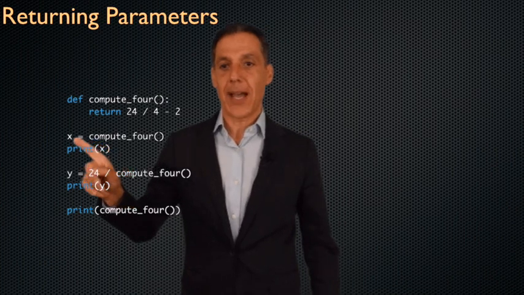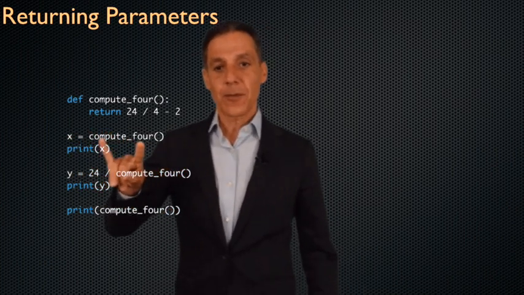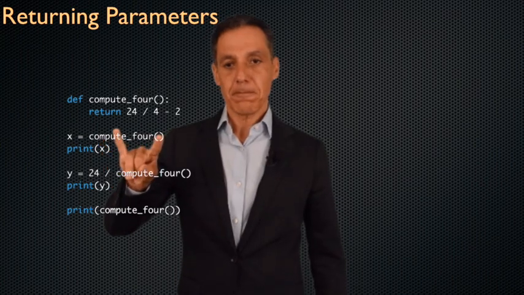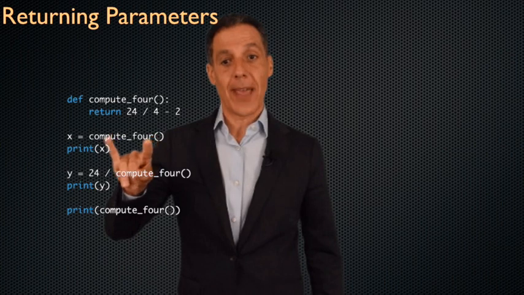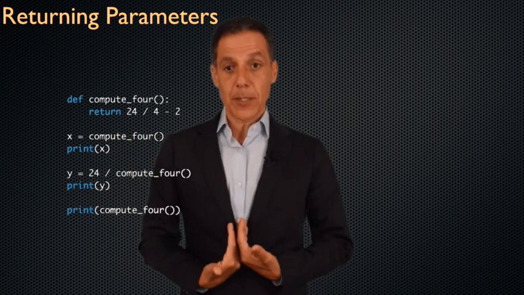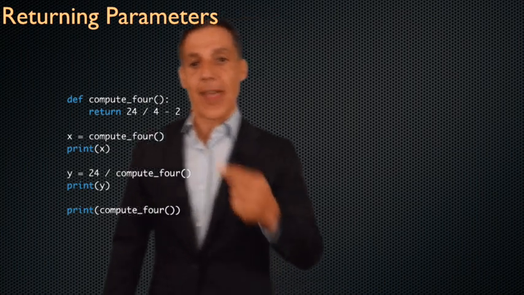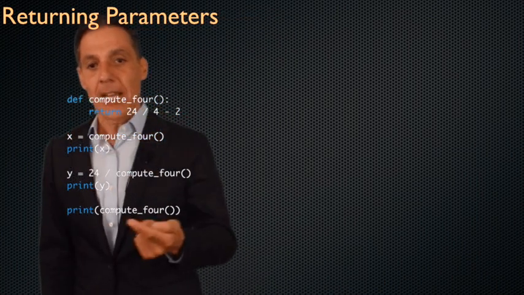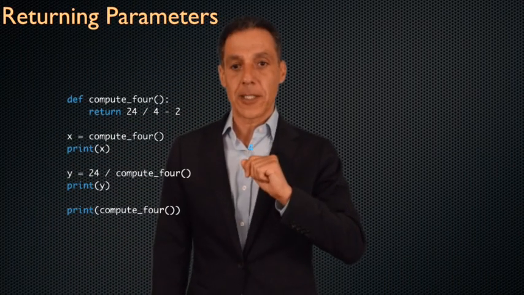So for example, if I say that x is equal to compute4, this function will get called. It will return a value, 4. That is now what is going to be on the right-hand side of that assignment operator, the value 4, and that's going to get shoved into x. And then when I print x, of course, I print 4 right there.